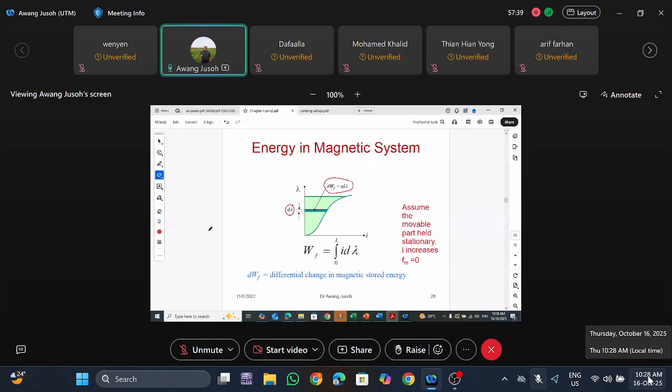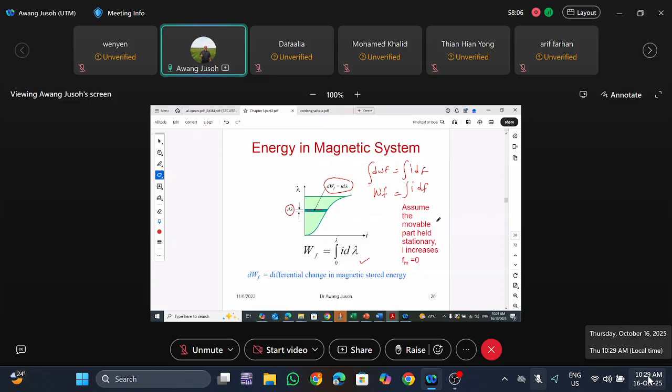The change of stored energy, or the change of magnetic field energy, equals I d lambda, represented by this one. So if we integrate dWF with the integration of this I d lambda, this becomes WF. This is the formula for the energy.